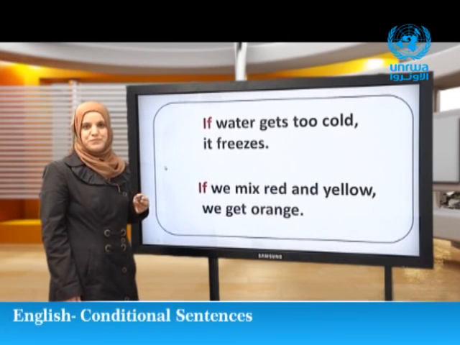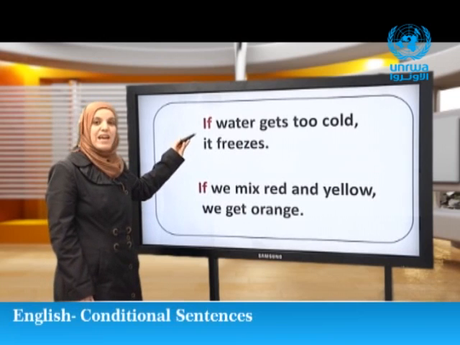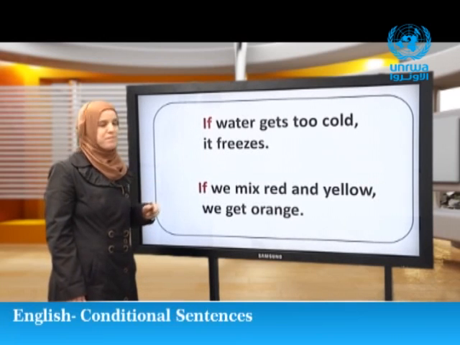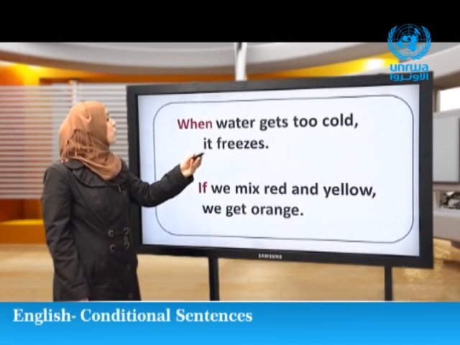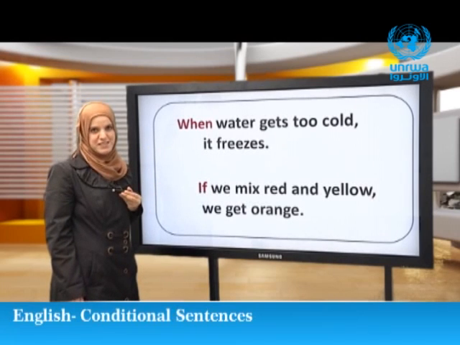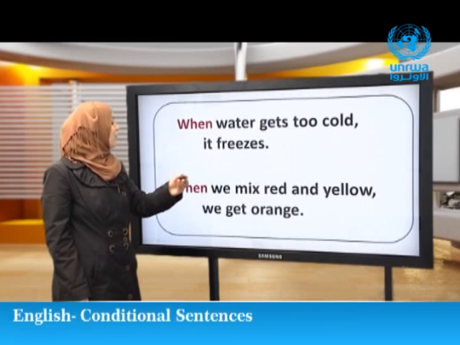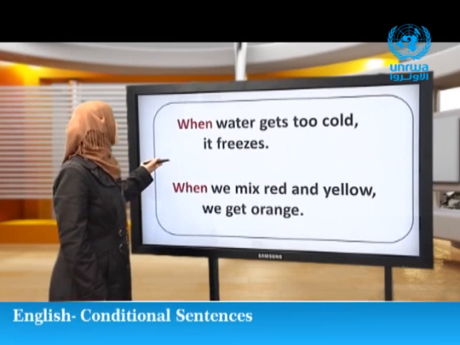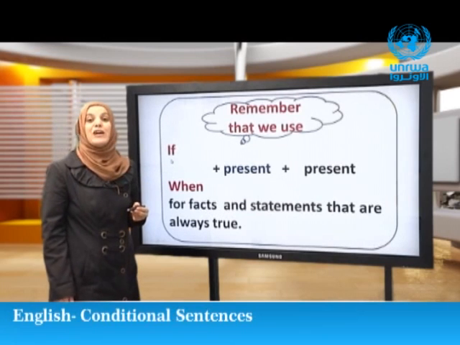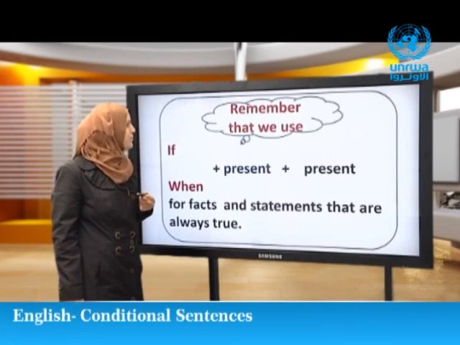Now look, in zero conditional sentences, if can be replaced by when. So we can also say when water gets too cold, it freezes. And we can also say when we mix red and yellow, we get orange. Now let's review what we have learned so far. لنراجع ما تعلمناه.